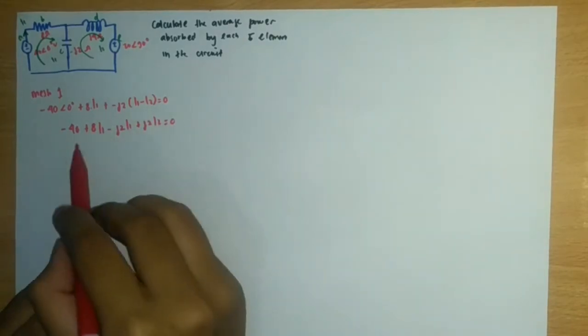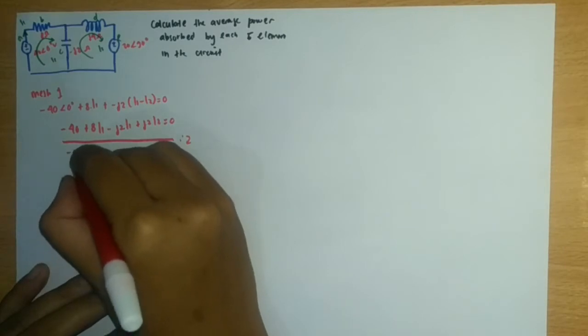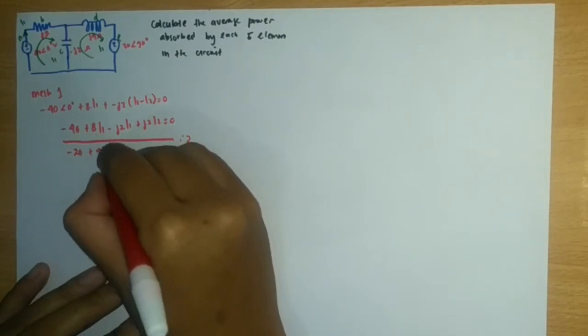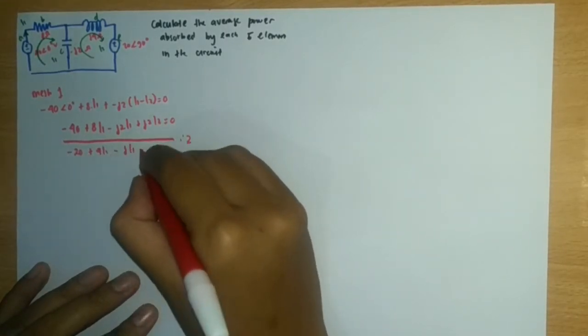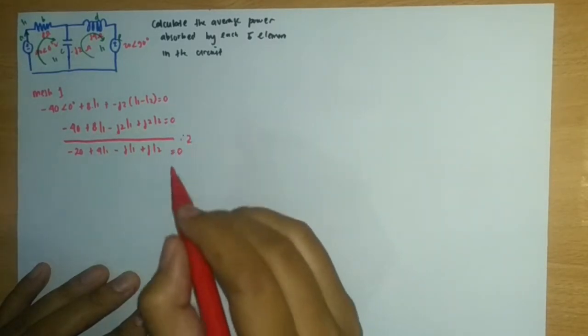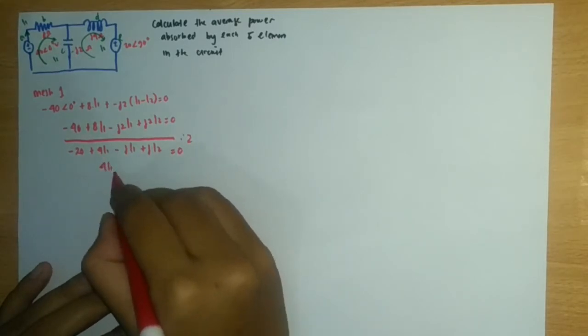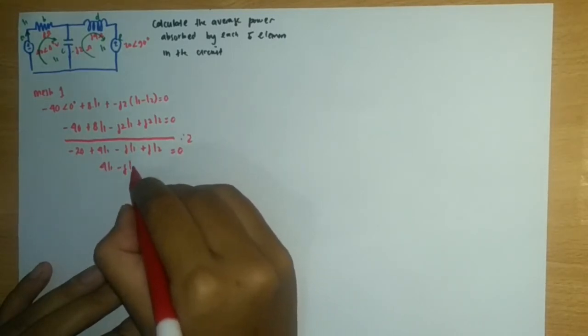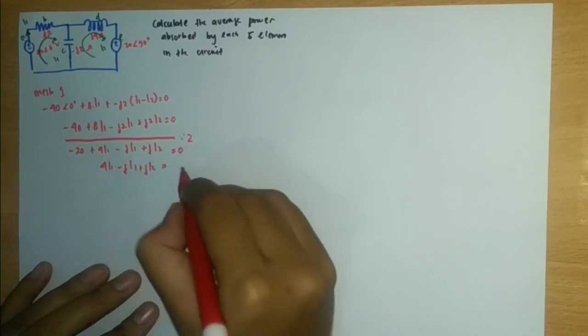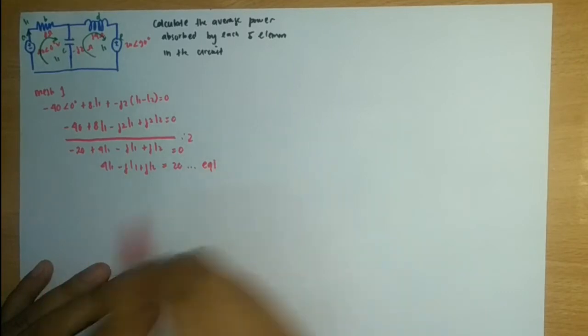We divide this whole equation by 2, and we got minus 20 plus 4I1 minus jI1 plus jI2 equal to 0. And we change the format as (4 minus j)I1 plus jI2 is equal to 20. This is equation 1.